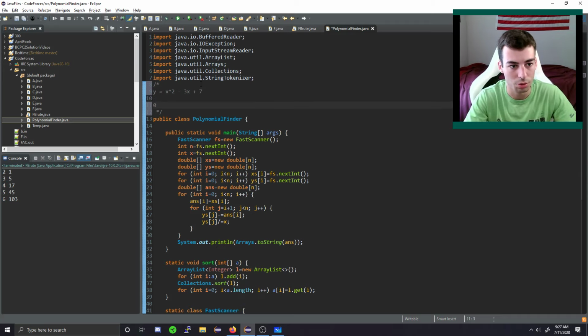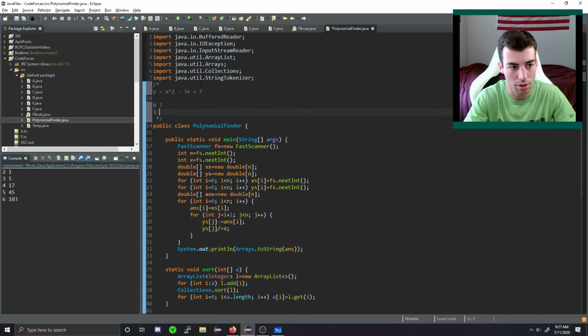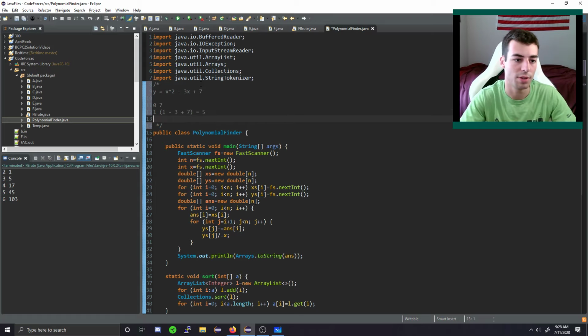So 0, 7, 1, 1 minus 3 plus 7, which is going to be equal to 5, right? 1 minus 3 is negative 2 plus 7 is 5, okay? And 2, 4, negative 6 plus 7, which is also equal to 5.